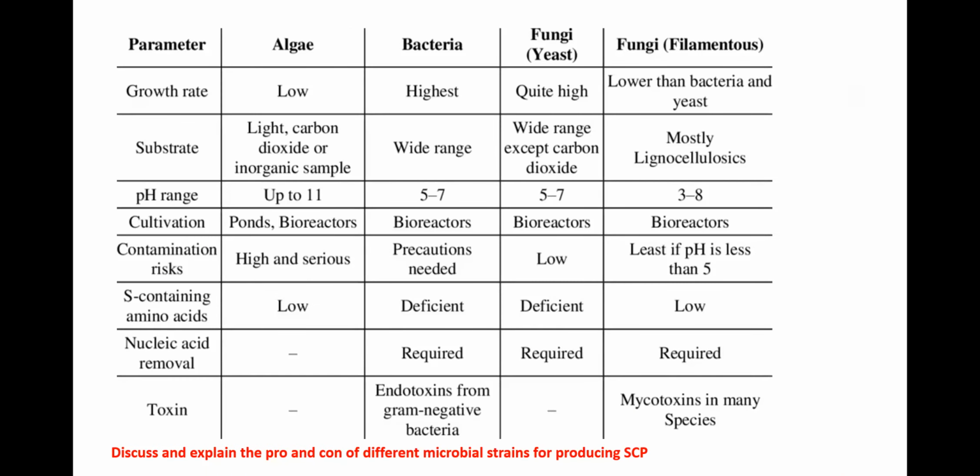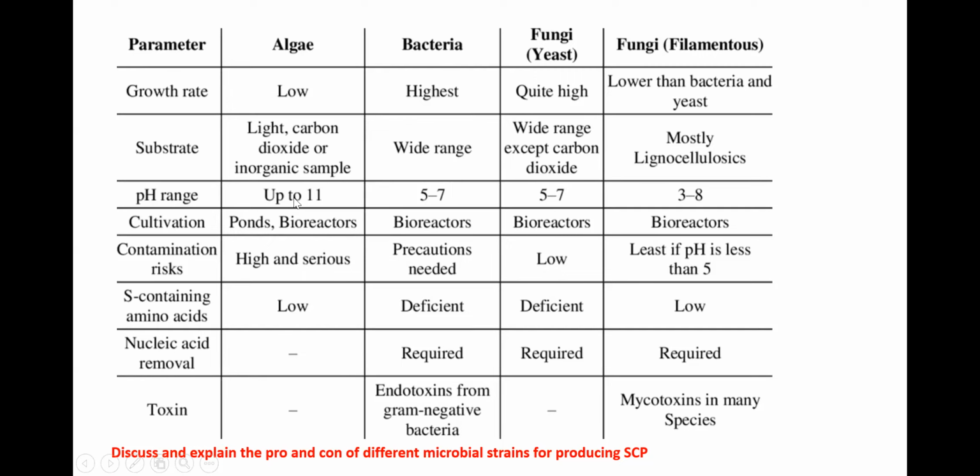So this is a very good summary diagram which compares the cultivation technology for these four major microbes in terms of growth rate and substrate selection. For example, bacteria can use a very wide range of substrates, because some bacteria can even grow under anaerobic conditions or use CO2 as a carbon source.